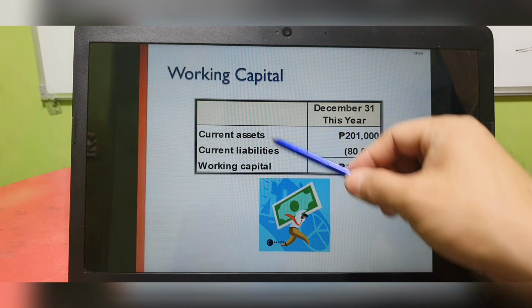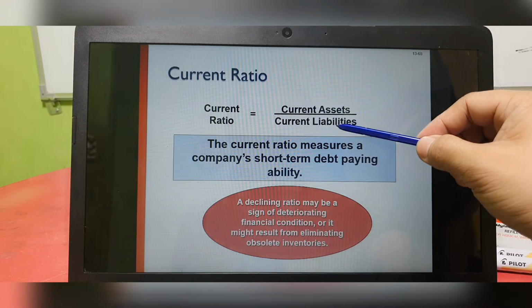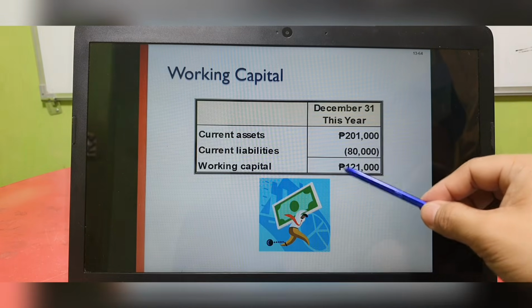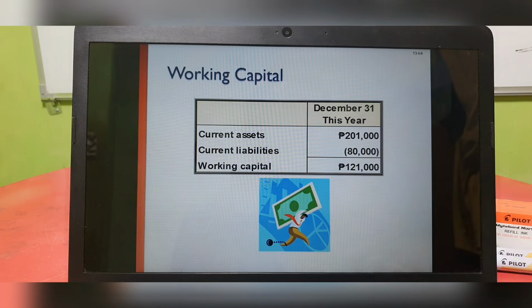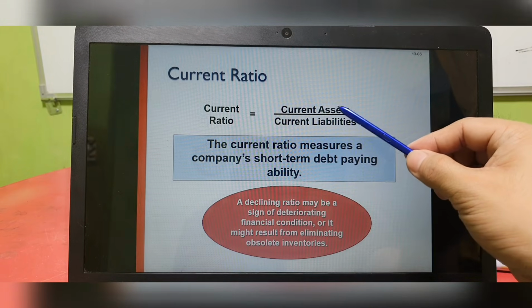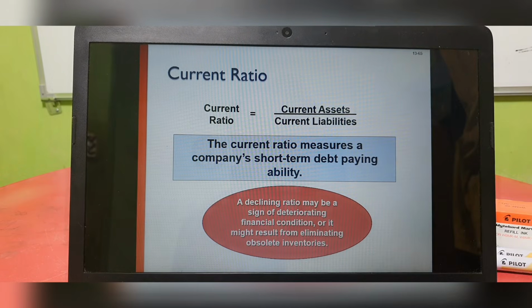Let's move to current ratio. Kanina sa working capital, CA minus CL. Current ratio, CA over CL, divided by CL. Okay? Kaya kapag ang answer sa working capital ay 0, ang answer natin sa current ratio ay equal to 1. Kasi equal yung CA at saka yung CL natin. Okay.